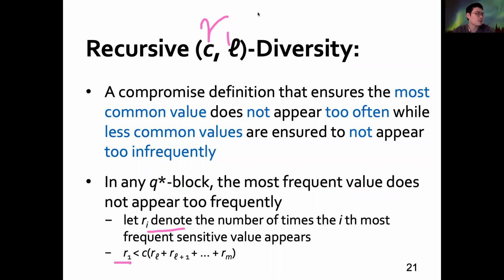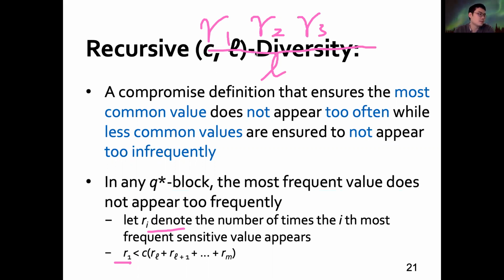But we may also have another disease; these days COVID is also common. And there are also other diseases, like headache. So these are common, and we want to have l of them, and they are relatively common.